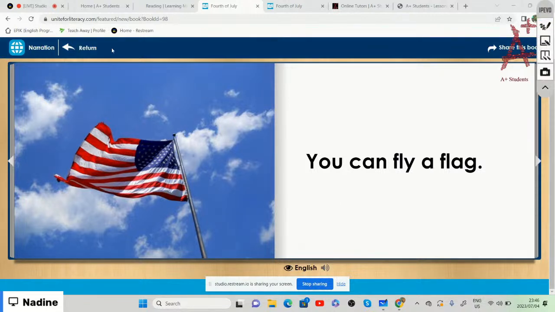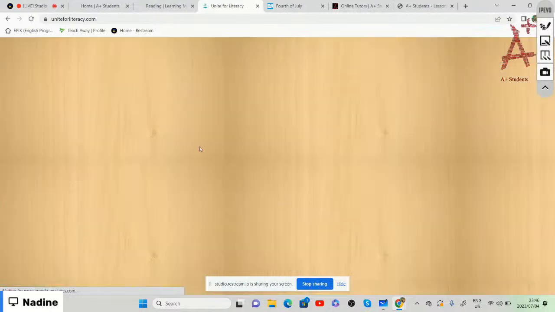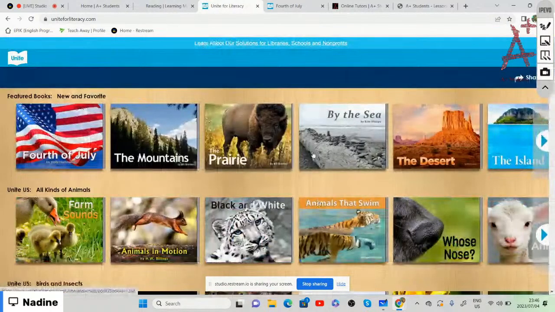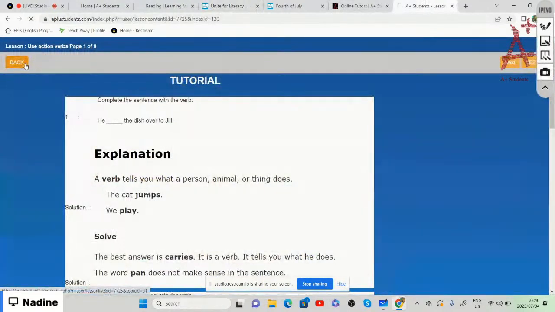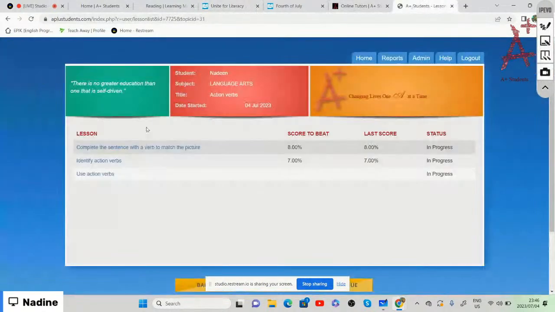All right, so grade ones, that is now the end of our lesson on action verbs. So the chapter was action verbs, and we covered the lessons of complete the sentence with verbs to match the pictures. So you got a picture and you had to match the correct verb with the pictures, showing what the person, animal, or thing is doing within the pictures.